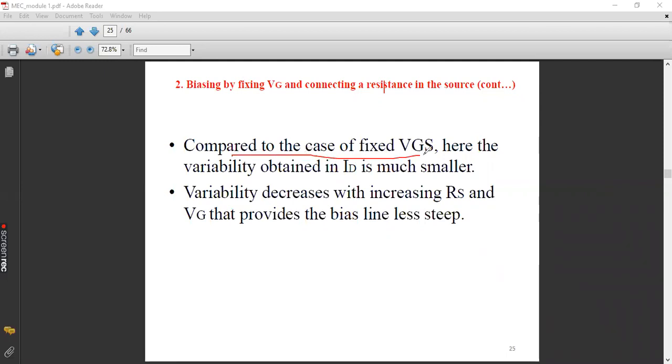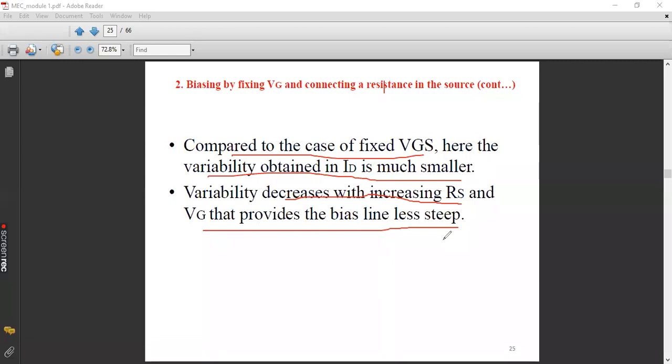So compared to the case of fixed VGS, here the variability obtained in ID is very small. So how have you achieved this decrease in variability? Variability decreases with increasing RS and VG that provides a bias line less steep.